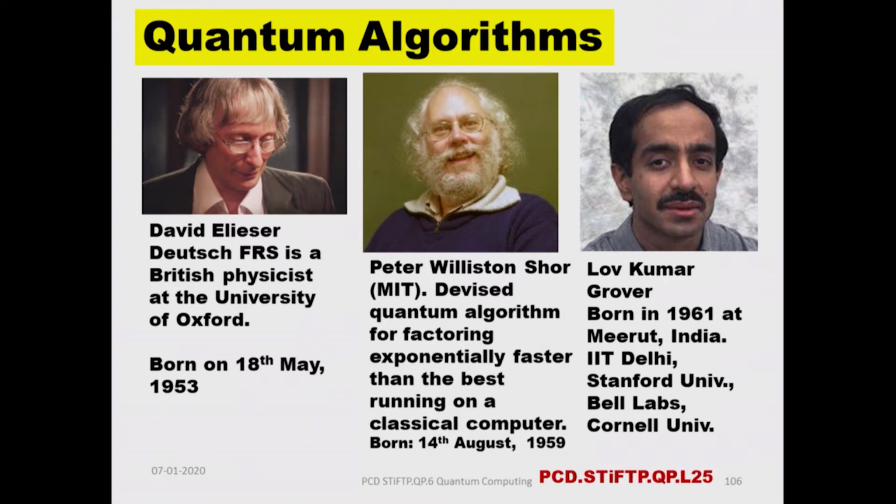And then of course there was Peter Shor's algorithm on factorization, which is again very famous. This came around 1994 or thereabout, and just 1 or 2 years later there was this famous algorithm due to Lov Kumar Grover, which was a search algorithm.